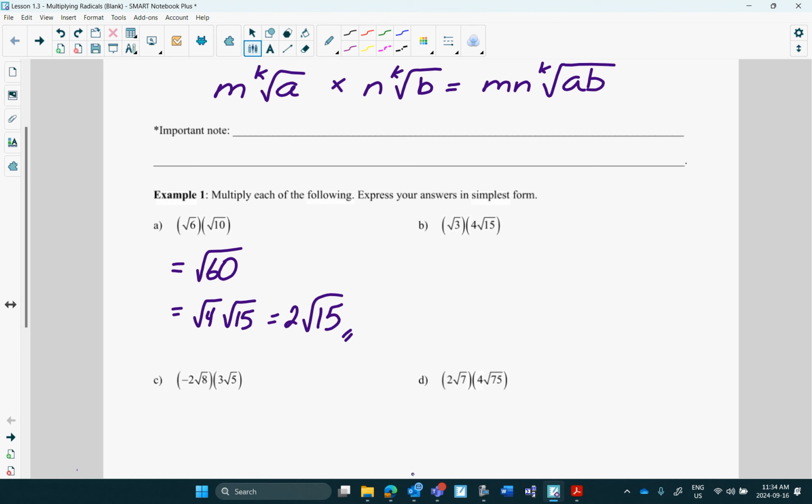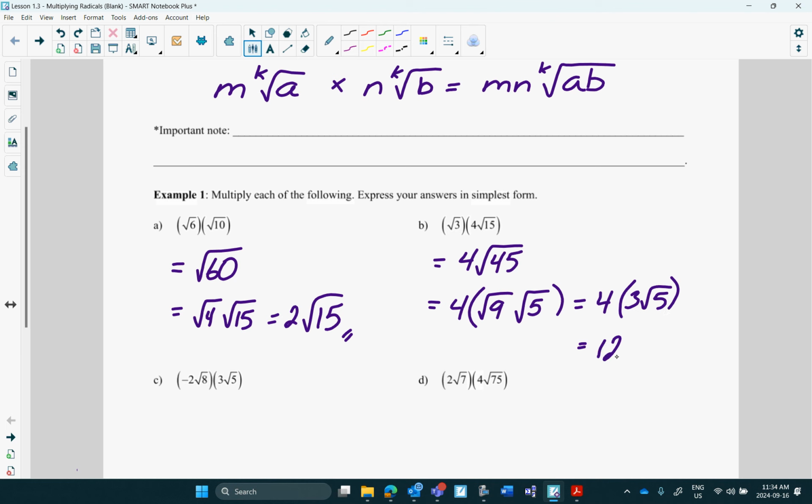What would this one be after I initially multiply it? 4 root 45. And it can be broken down. 9 and 5. Which becomes 4 times 3 root 5. Which becomes 12 root 5.